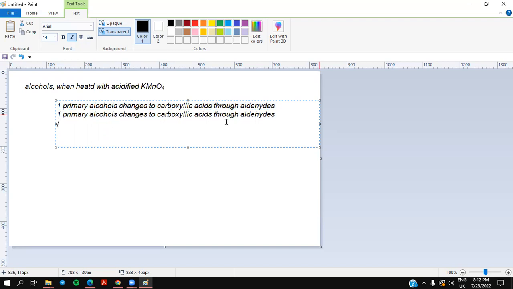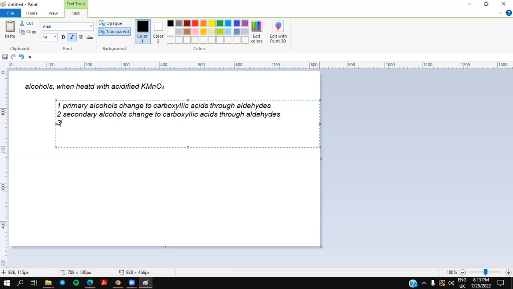Now we'll go to the second one. It's about secondary alcohols, not primary. Secondary alcohols change, oh, this is primary alcohols change. Secondary alcohols change to carboxylic acid through aldehydes.